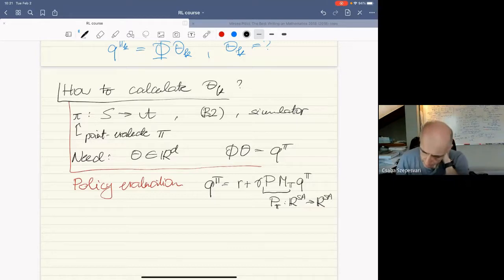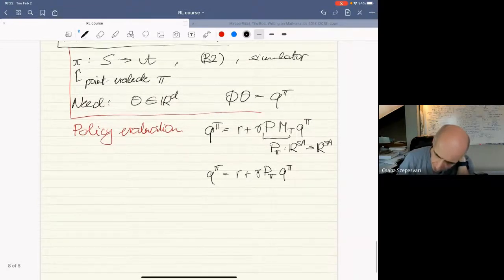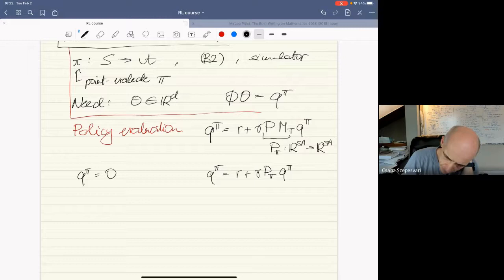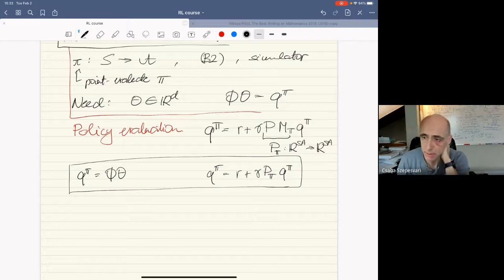So that's just a big matrix, an SA by SA matrix. So you have Q pi is equal to R plus gamma P pi Q pi. And we also know that Q pi is equal to phi theta. So this altogether is linear. Everything is linear here. You just need to solve it for theta.